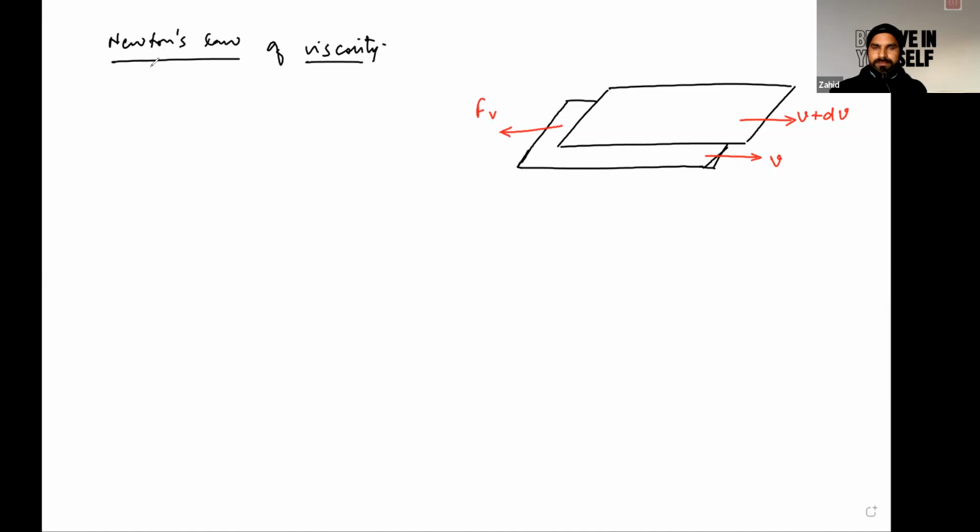So according to Newton, each consecutive layer opposes its neighboring layer by a force called viscous force, which depends upon two factors. First is the area of this particular layer, A, and second is, since there is a change in velocity between two layers, there will be some width in between them, let's say dy.